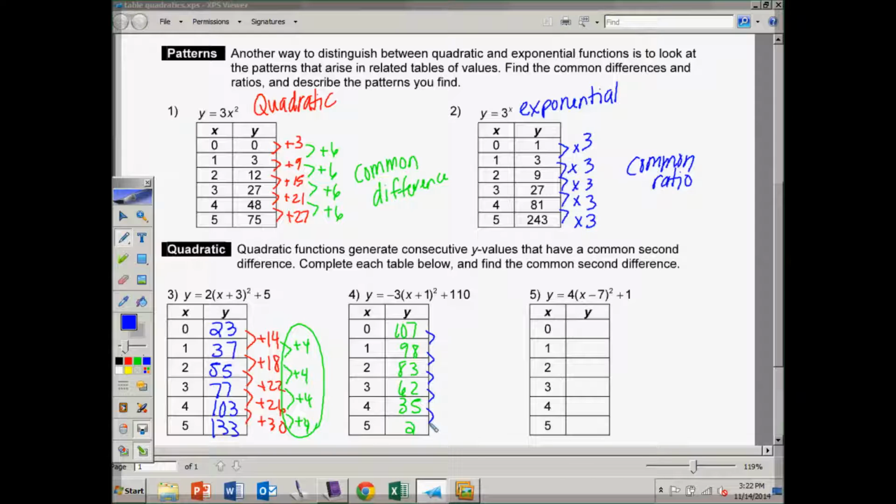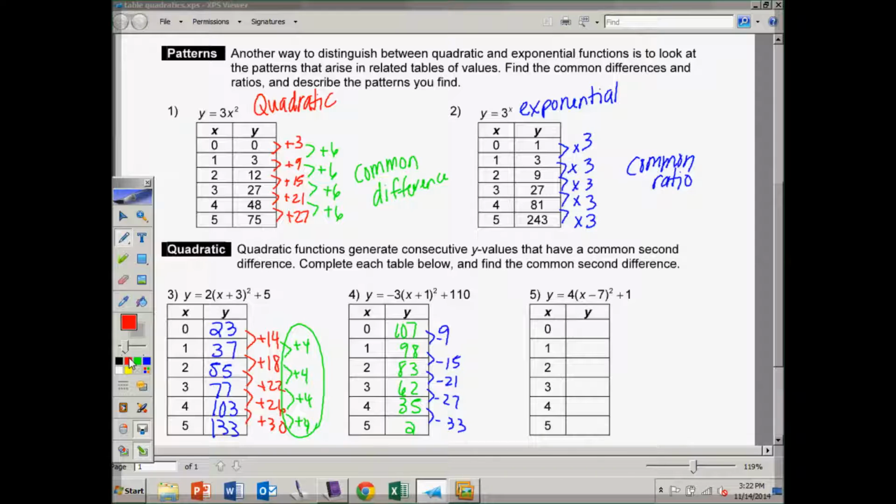Let me subtract. That's minus 9. Then minus 15. Minus 21. Minus 27. Are they all gonna be negatives? We're subtracting, right? And then minus 33.